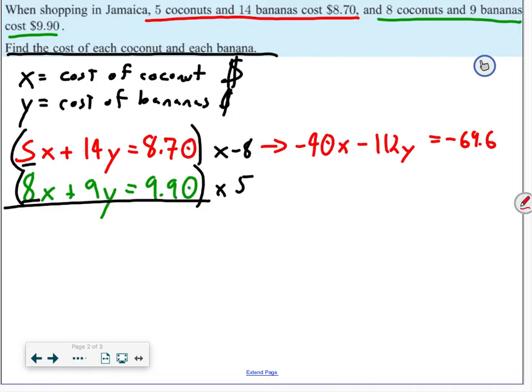Doing the same thing with multiplying by 5, I'm going to get 40x plus 45y equals 5 times 9.9, which is 49.5.